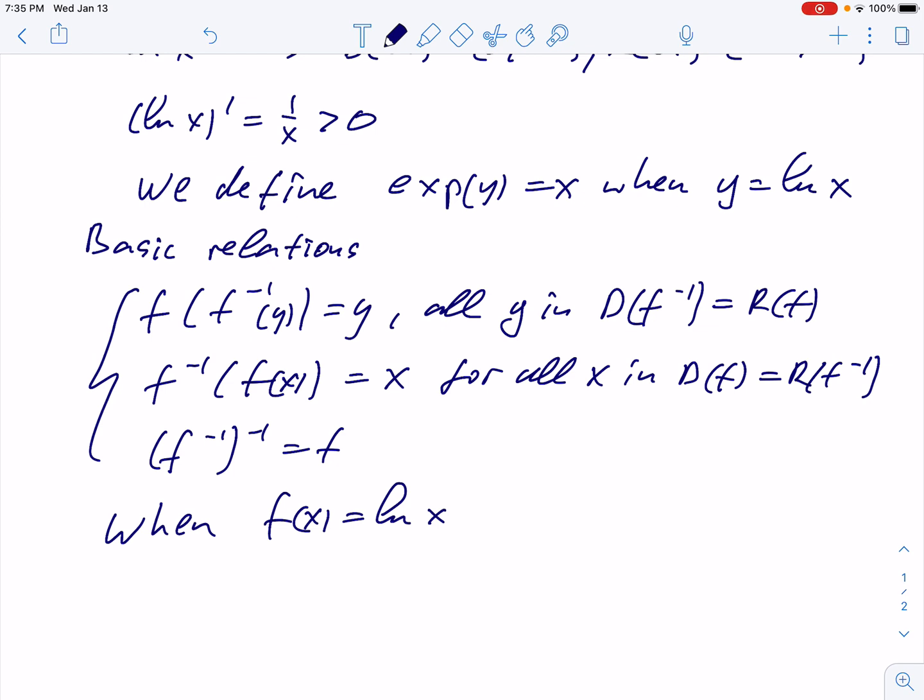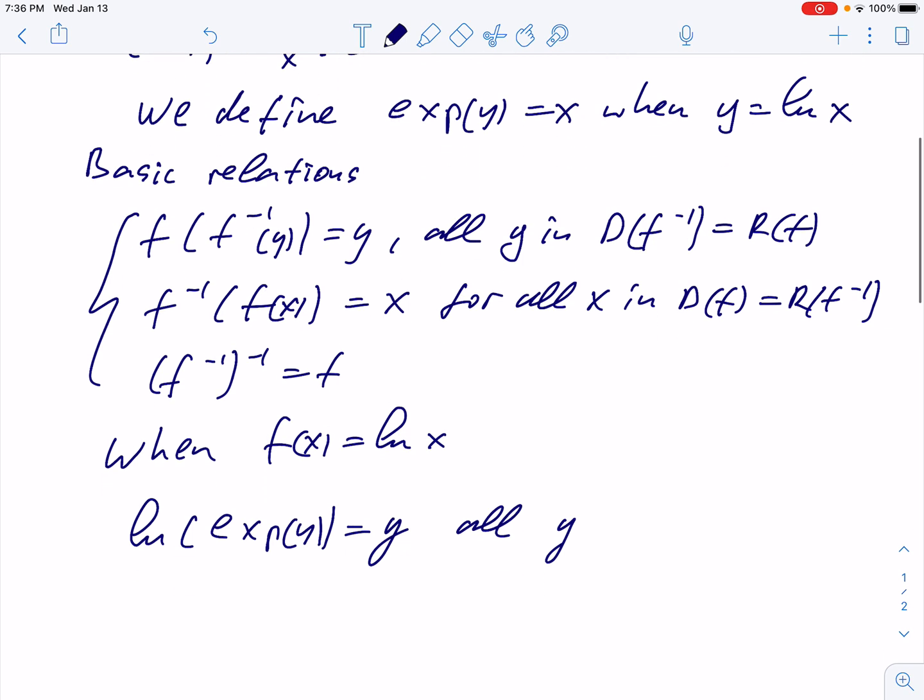The first will be natural log of exponential y equals y for all y in the domain of the exponential function, which are all real numbers. Also exponential of logarithm x equals x for all positive x.